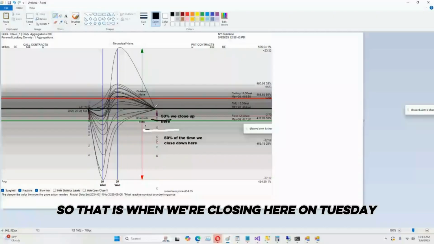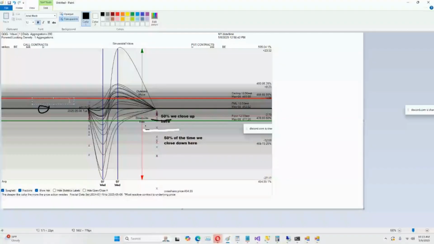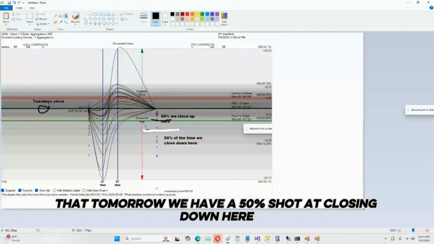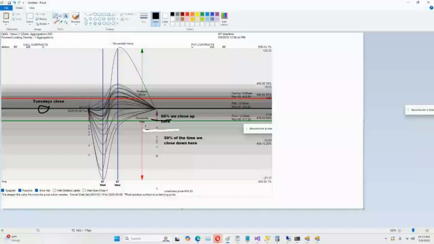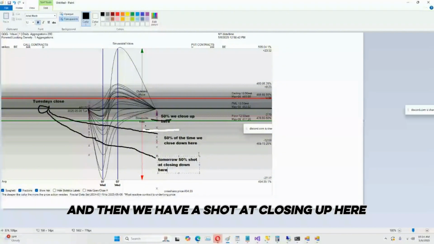So that means when we're closing over here on Tuesday, tomorrow we have a 50% shot at closing down here, and then we have a percent shot at closing up here.